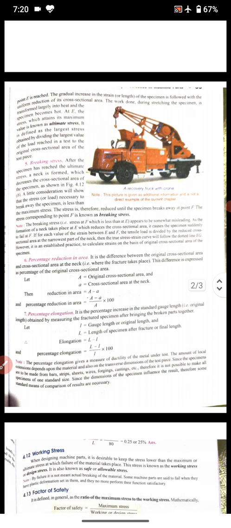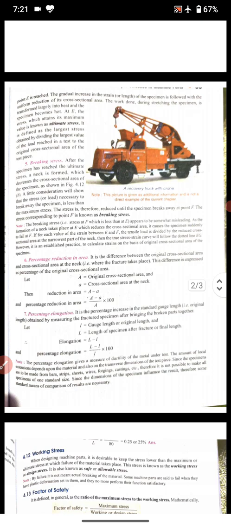Meaning, if you stop the testing after the crack initiated or after the breaking, the length of the specimen at that point is the final length, that is capital L. So elongation is capital L minus small l, because the final length is more than the original length, but that is not the case for area.